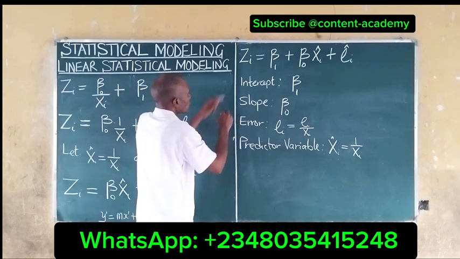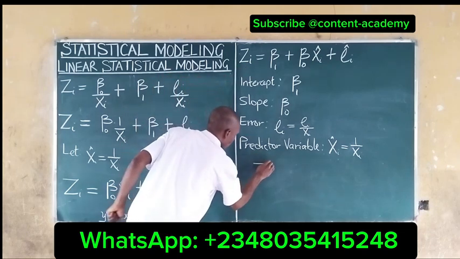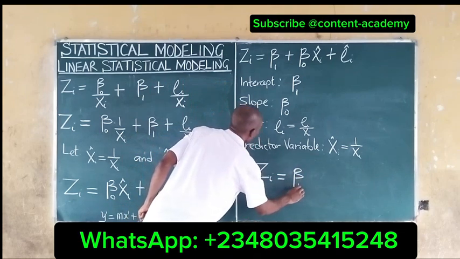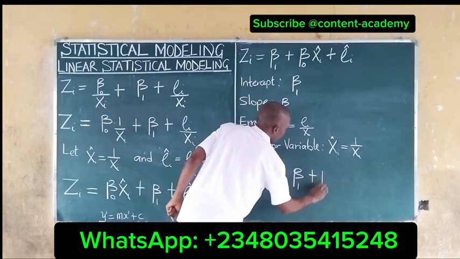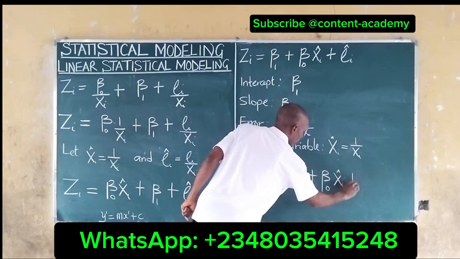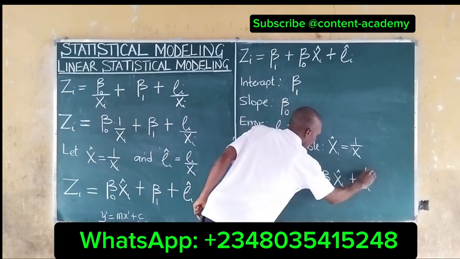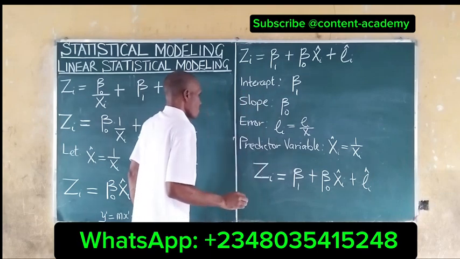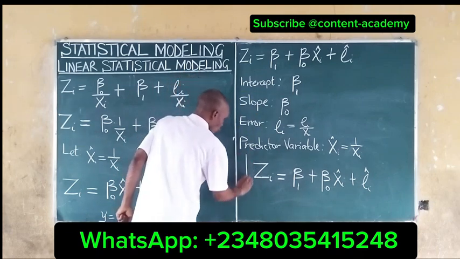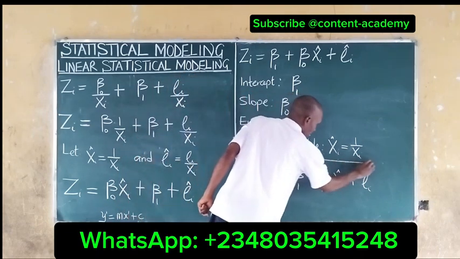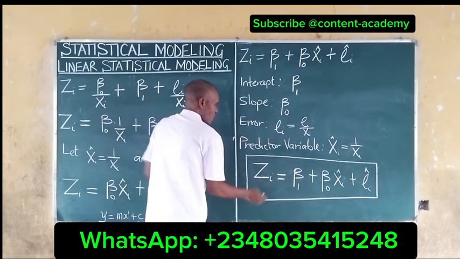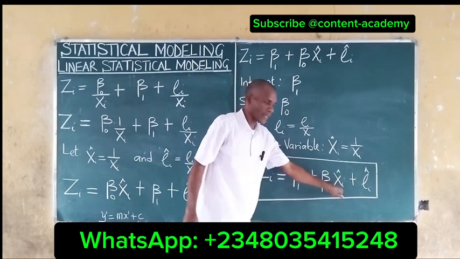So this becomes our linear relationship: z_i equal to b1 plus b naught x_i bar plus e_i bar. So this becomes our linear relationship between z, b1, b naught, and x_i.